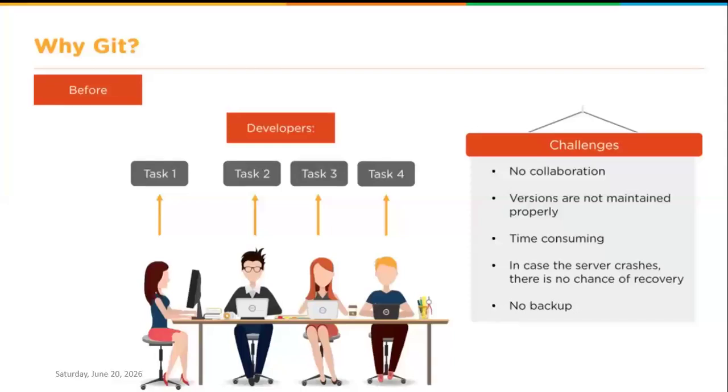So why Git? If you look at this scenario, for example, we have developers here, and each developer is doing their own task, as you can see in this picture. And now you see there is no collaboration between these developers. If there is no collaboration, that means the versions are not maintained properly. It is time consuming because after everybody has done their part, maybe they select one developer with a master computer and send their project files there.